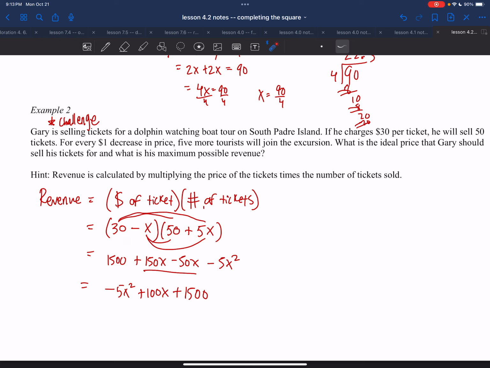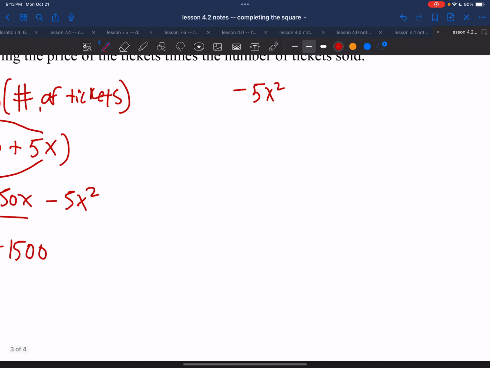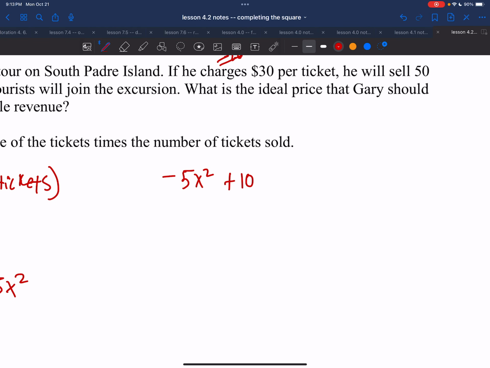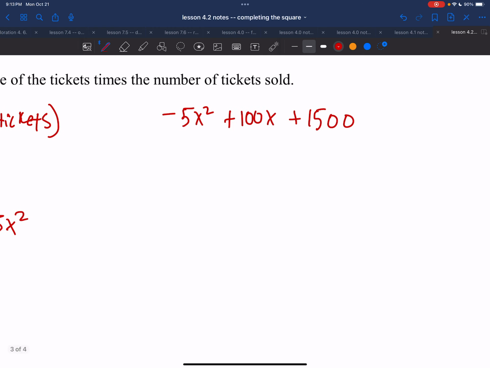Okay, knowing this, we want to maximize revenue and tell Gary what he should sell his tickets at, right? So the way we're going to do it is like this. So you've got negative 5x squared, plus 100x, plus 1,500. We got to complete the square on this to put it in vertex form to know the maximum.